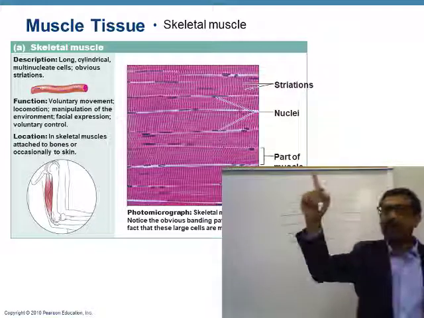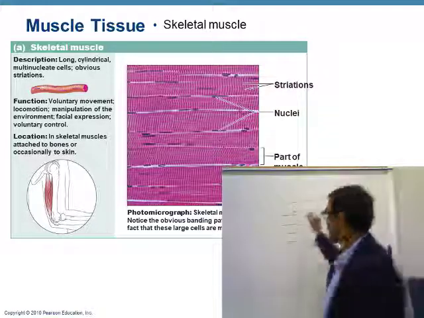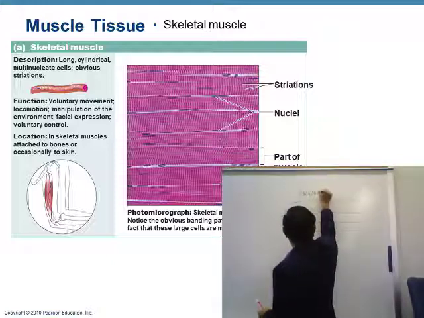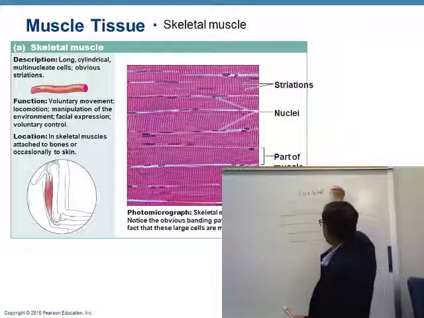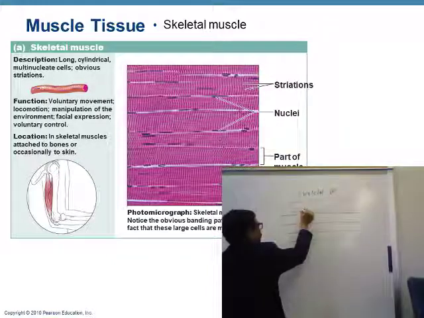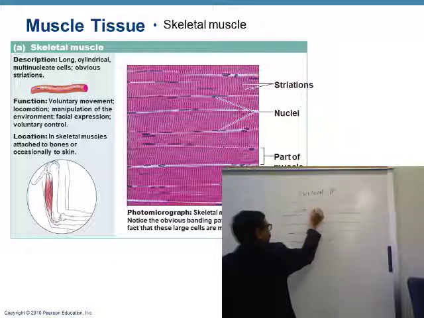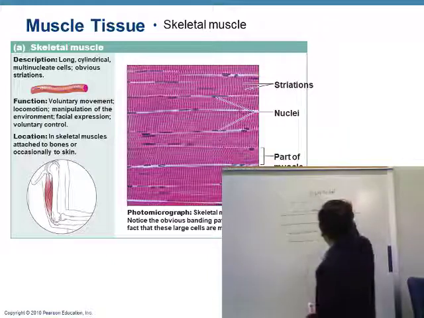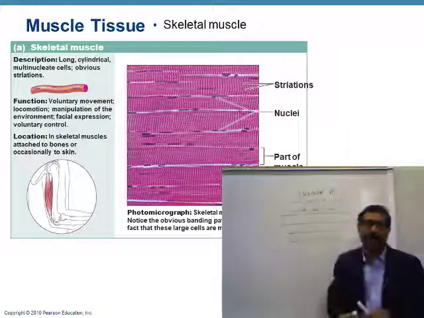Number one, long cylindrical fiber. This is skeletal. And multiple nuclei are present inside a fiber. So within one fiber, you'll see many nuclei.